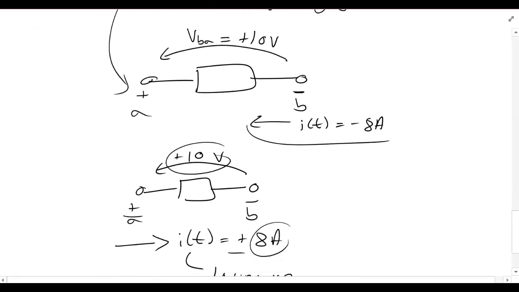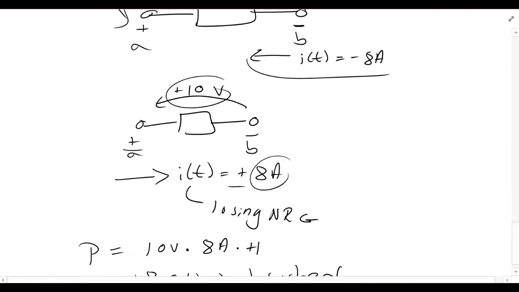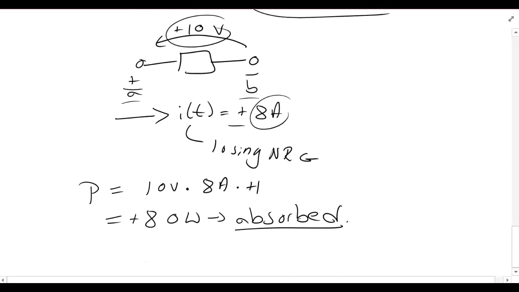Notice something else that I did here, is the names of my elements don't really matter. Which one is A and which one is B, as long as it stays the same for the entire question, doesn't really make a difference. So, I just looked at, does positive current enter the positive terminal or the negative terminal? I kept my voltage and my current to be positive so that it would have an easier time computing the power.